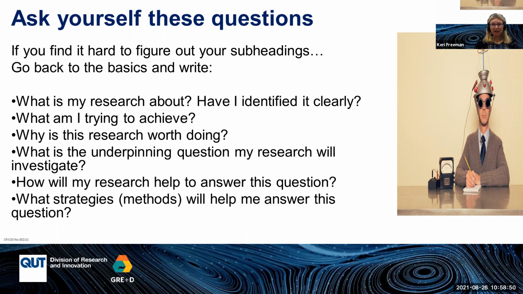How will my research help to answer this research question? That's more about looking at your research design and making sure it links. It's also looking at your contribution. So you can see how everything is tied together. And that's one of the things that makes writing a research proposal sometimes difficult, because you have a lot of things you want to say, you have limited words, and you have to decide which is the most important thing to say first.